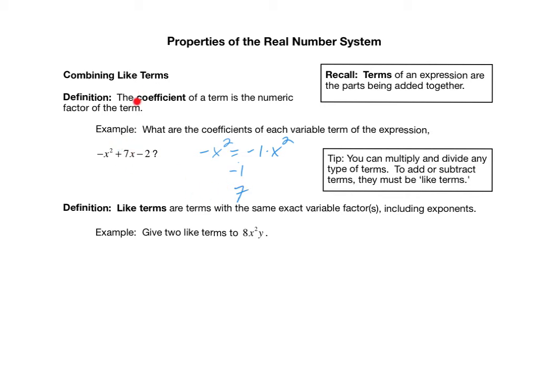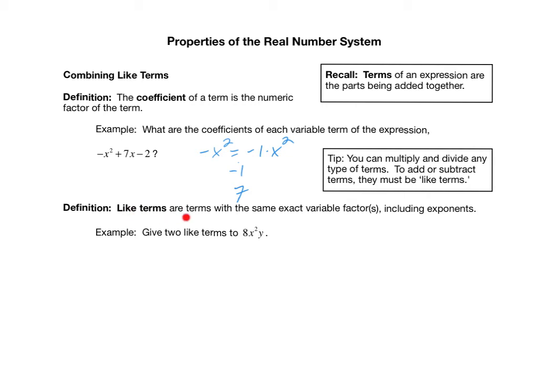We needed to define coefficient in order to be able to combine what we call like terms. Now, real quick, you can multiply and divide any types of terms. They do not need to be what are called like terms, but to add or subtract terms, they do need to be like terms. So we need to define like terms because when we add or subtract like terms, the coefficients play a key role in that process.